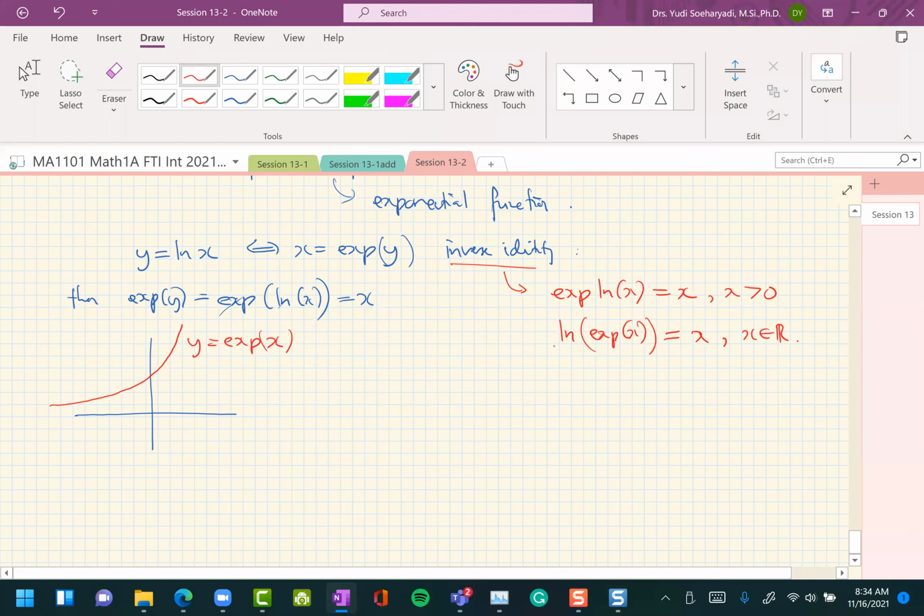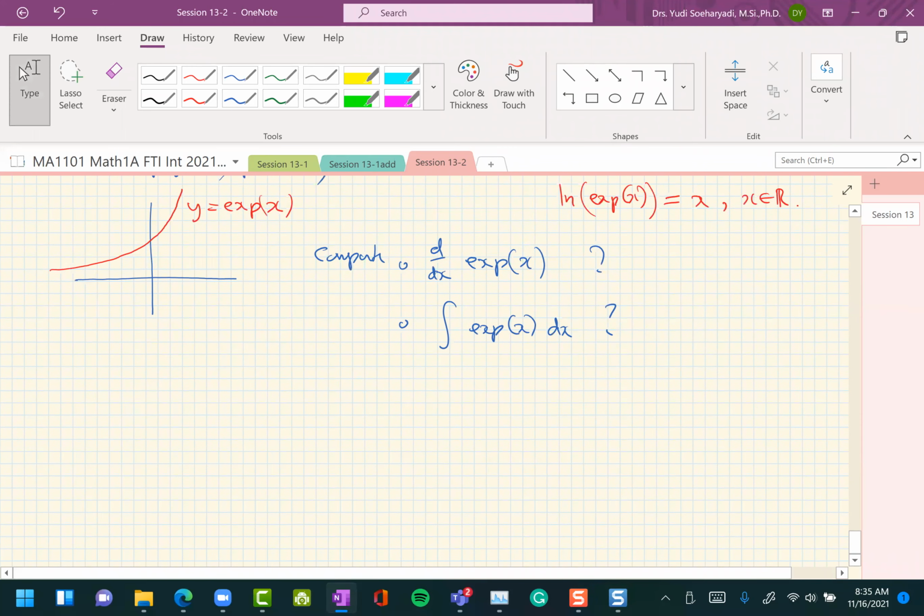Okay, so the question is, compute the derivative of exp, and what is the integral of exp? Okay, so let's compute this way.